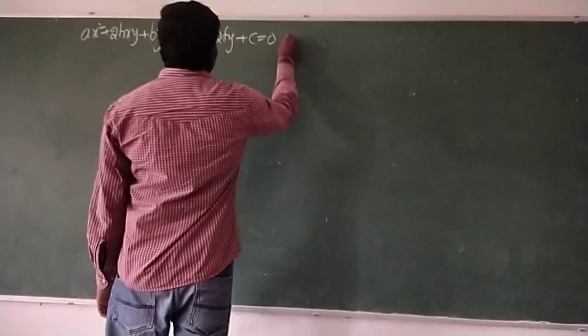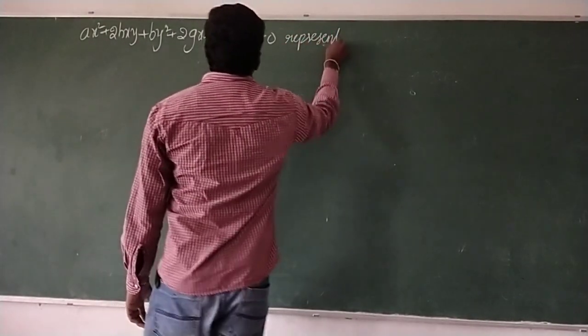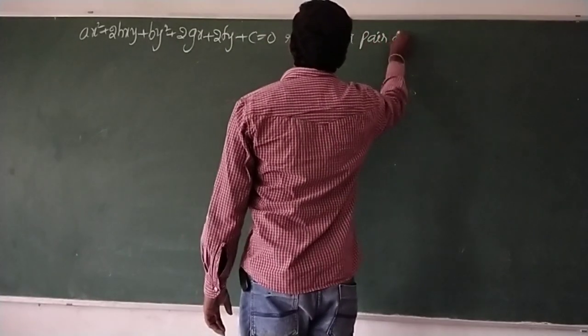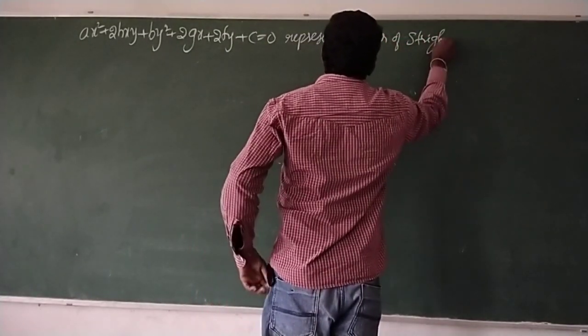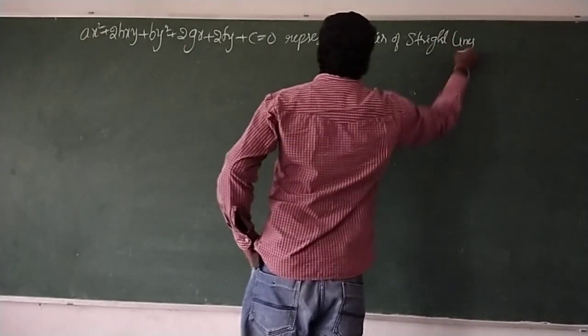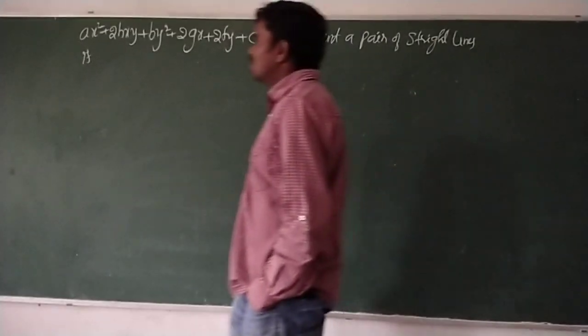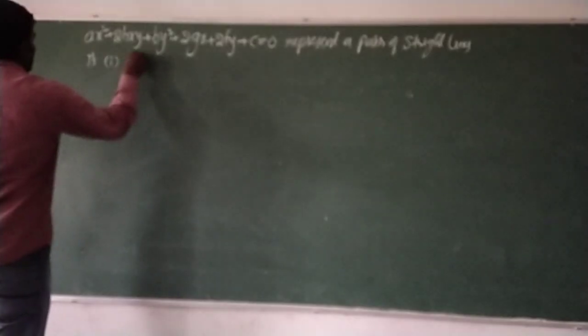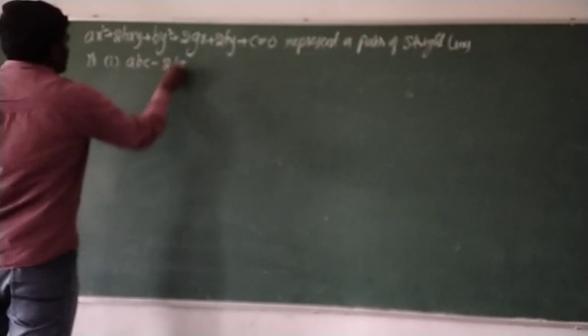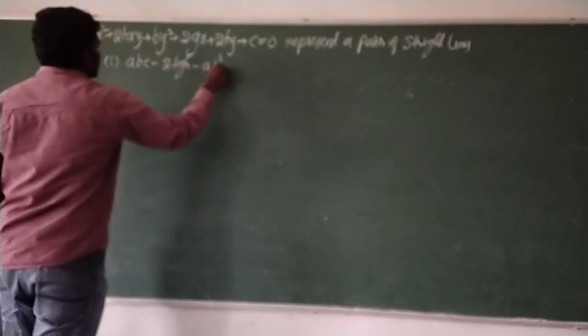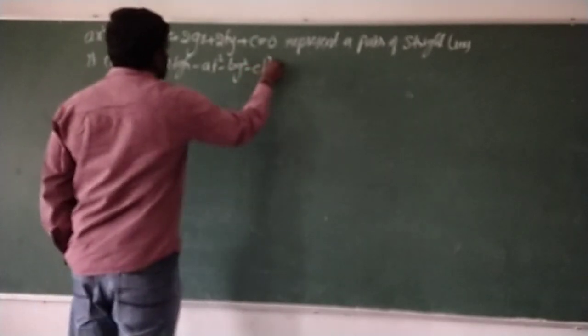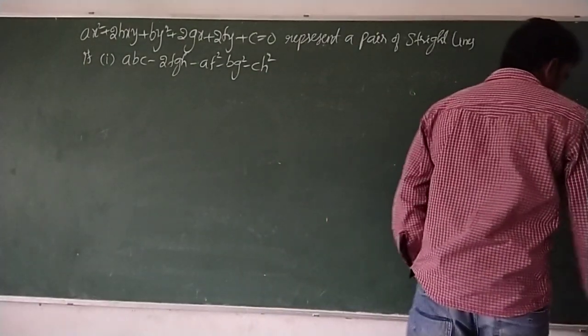This represents a pair of straight lines, and two conditions are there, that is abc minus 2fgh minus af square minus bg square minus ch square must be equal to 0.